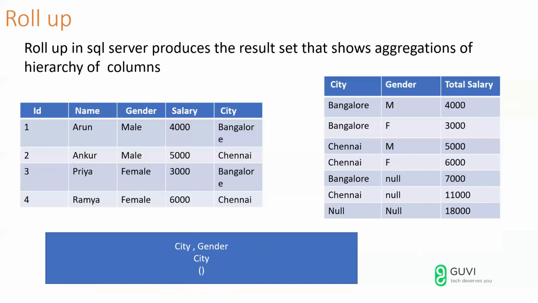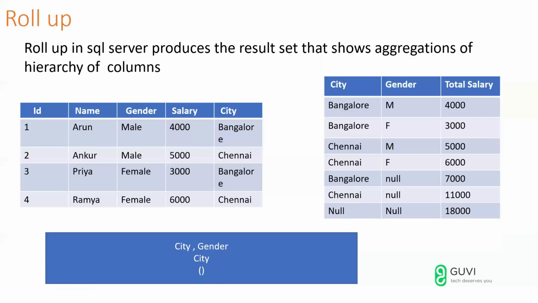What is missing here is the gender combination with city as null. Why is it so? In rollup, if I have 3 columns given, city, gender, and name, then it does the combination for city, gender, and name. Then it removes name and does city, gender. Then it removes gender and does city, and then the grand total. So it doesn't bother with all combinations; it does it in a hierarchical fashion.